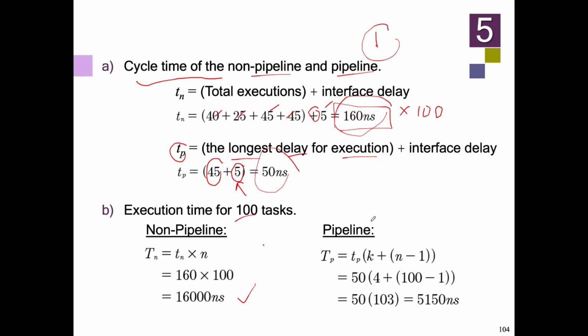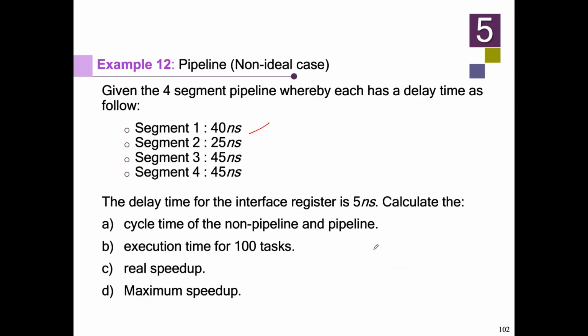And for pipeline, please remember that this is your time, which is your TP. You're going to put it into your equation, TP. And this one is nanosecond, so you need to remember the value later on to put it. And you have the K. K is 1, 2, 3, 4.